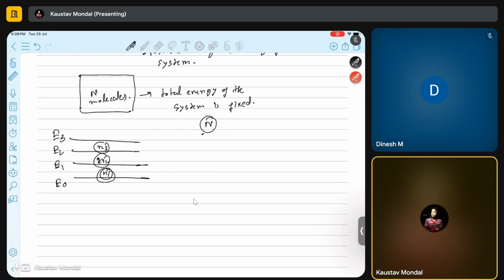Basically, we want to find out the population of the molecules in each state.